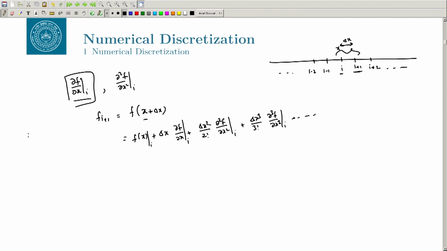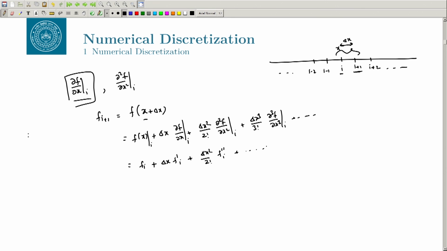In the short notation, you can write it as f I plus delta x f prime I plus delta x square by factorial 2 f double prime I, and so on and so forth.